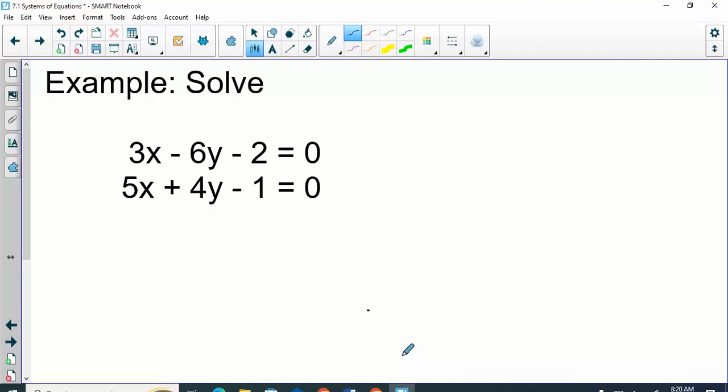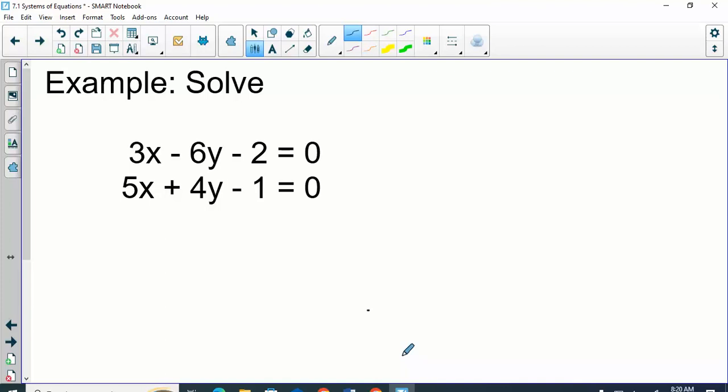Elimination is usually the preferred method. So when we're trying to decide how to get there, you'll notice it is set up slightly different than the other ones. What did I change? You said equal. They're equal to 0. I didn't move the constant to the other side. If you don't like that, you could move it over, but you don't have to.